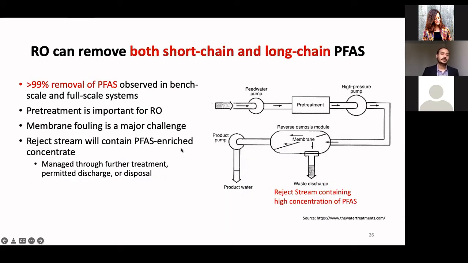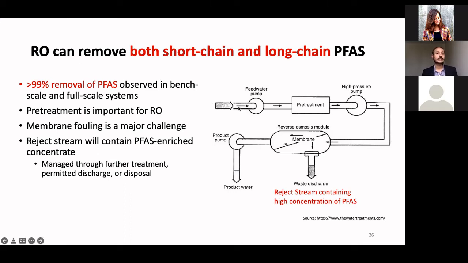As we already observed in the previous studies, reverse osmosis is very effective in treating both short chain and long chain PFAS. Greater than 99% removal of PFAS was observed in both bench scale and full scale systems. However, in addition to being energy intensive, pre-treatment of water is very important for reverse osmosis systems. You need to remove particulate matter and other interfering constituents that can affect the performance of the membranes.